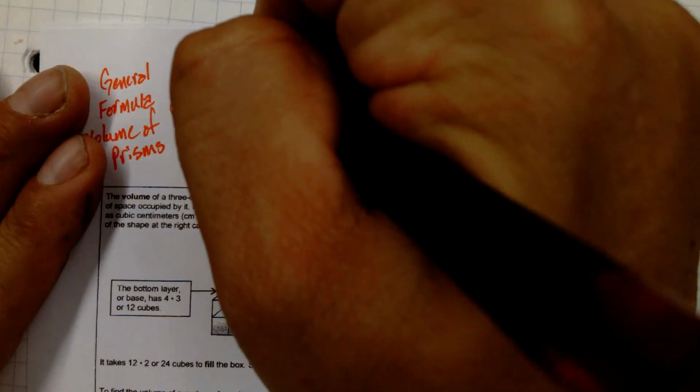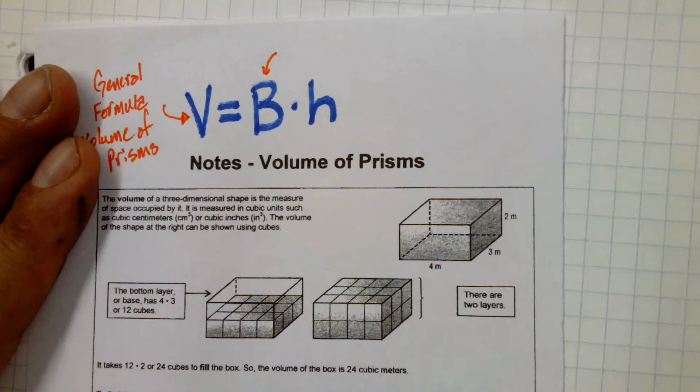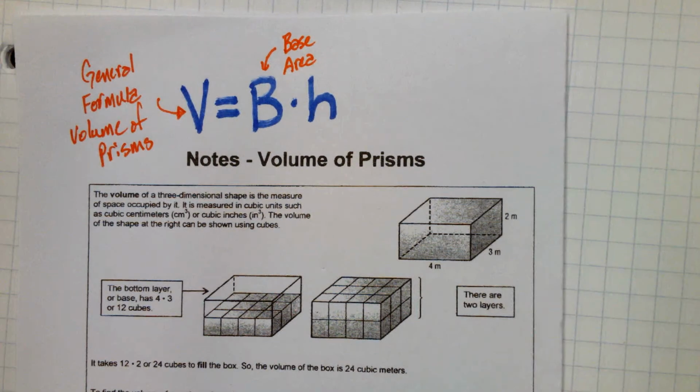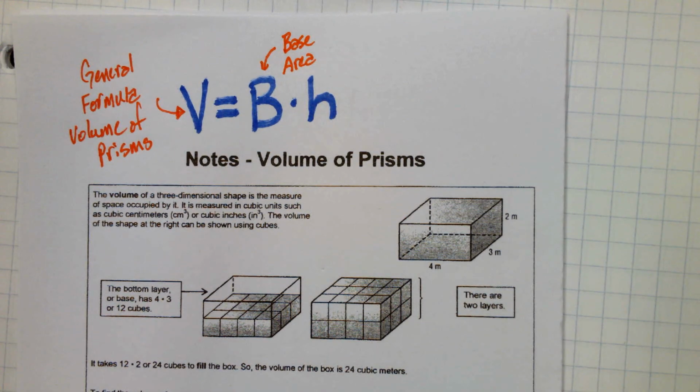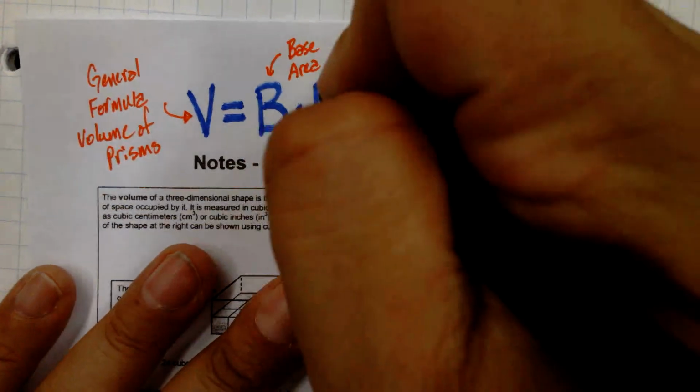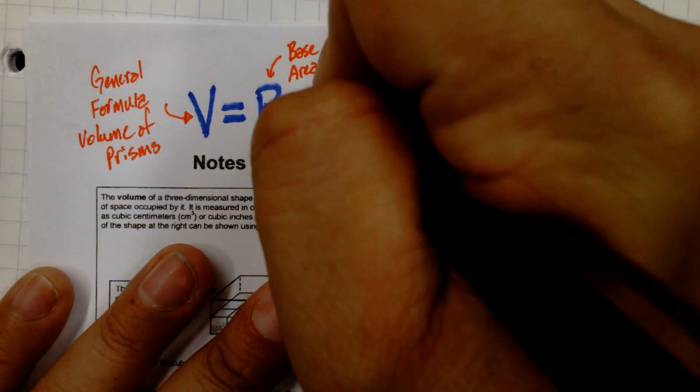So we're going to label this. Everybody write this down. This capital B stands for the base area. And that depends on our shape. It could be a triangle, it could be a rectangle, it could be a hexagon, an octagon, whatever our shape is.